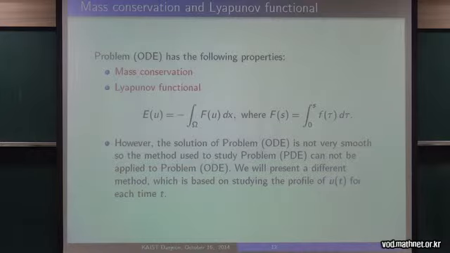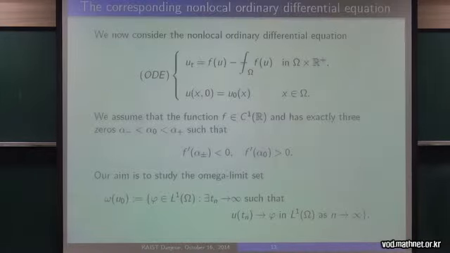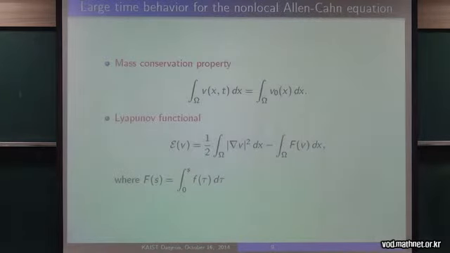It is no surprise to get the idea of having such a Lyapunov function. Look at the notes which I had shown you before: when we had the diffusion term, the term Laplacian u, we had a half of the integral of gradient v squared here, but we have lost the diffusion term, so we don't put this term anymore, and what stays, E of u equals minus integral of F of u, will be again a Lyapunov functional.